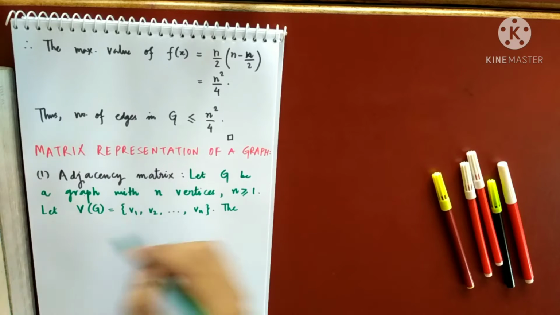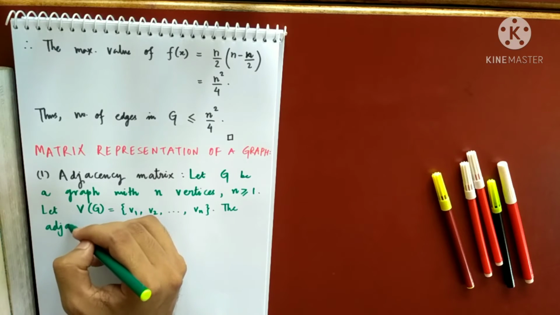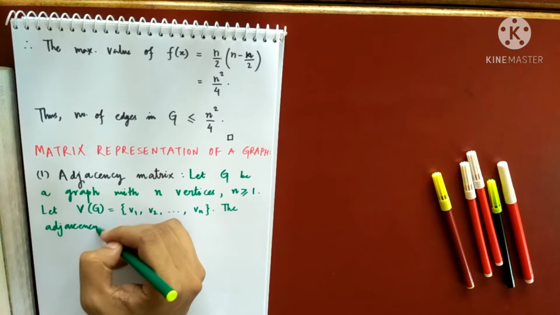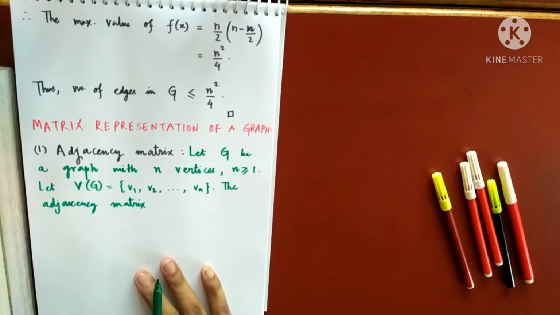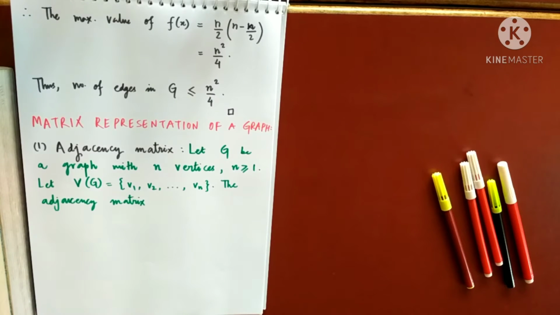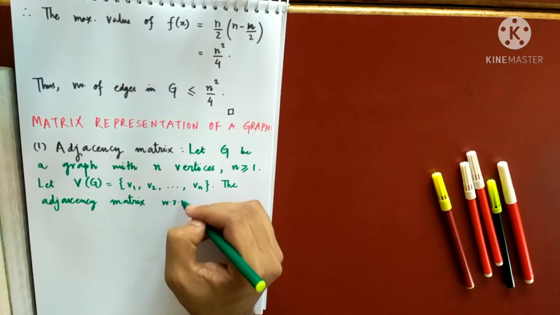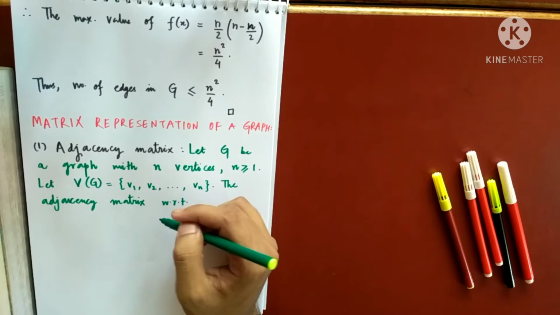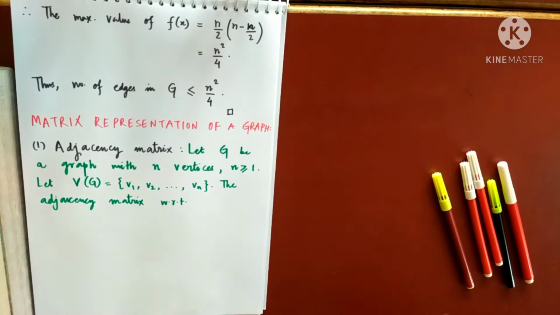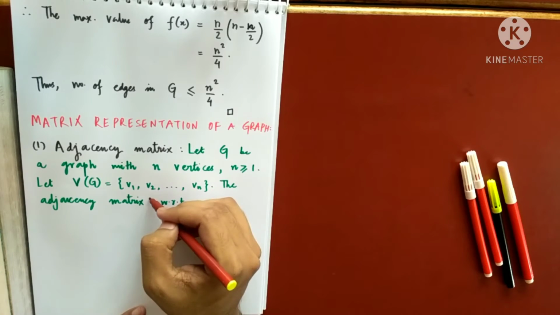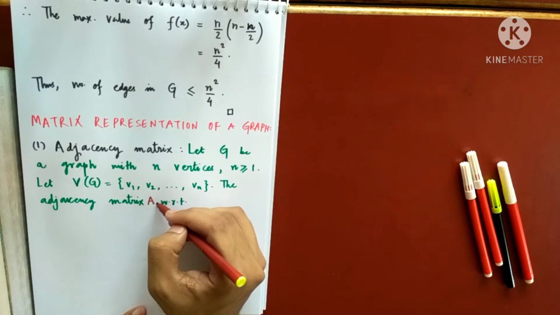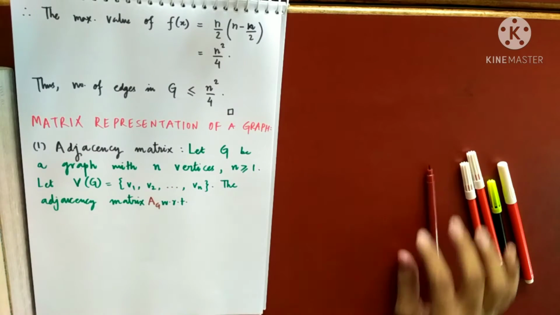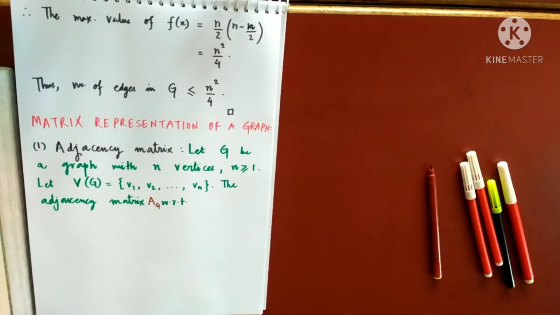The adjacency matrix with respect to, okay, I'll denote the adjacency matrix by A, and the name of the graph I will write here in subscript. Most authors will also write A(G), that also can be used according to a different notation.